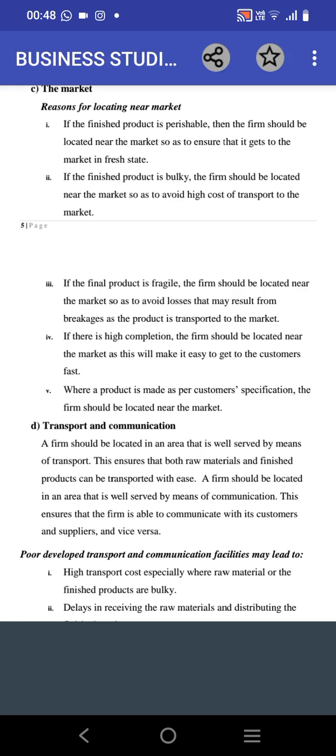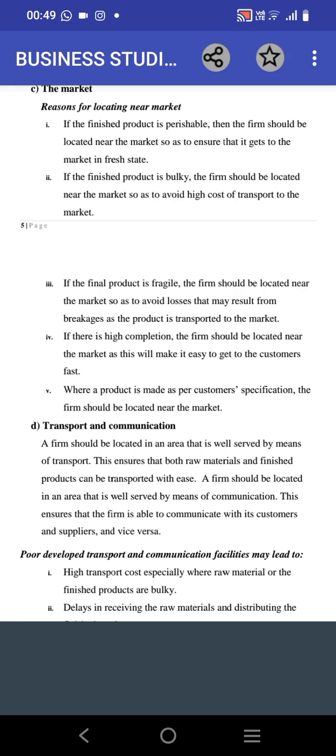If the final product is fragile, the farm should be located near the market so as to avoid losses that may result from breakage as the product is transported to the market. If the market is located far away and you're making fragile goods, they can break easily.